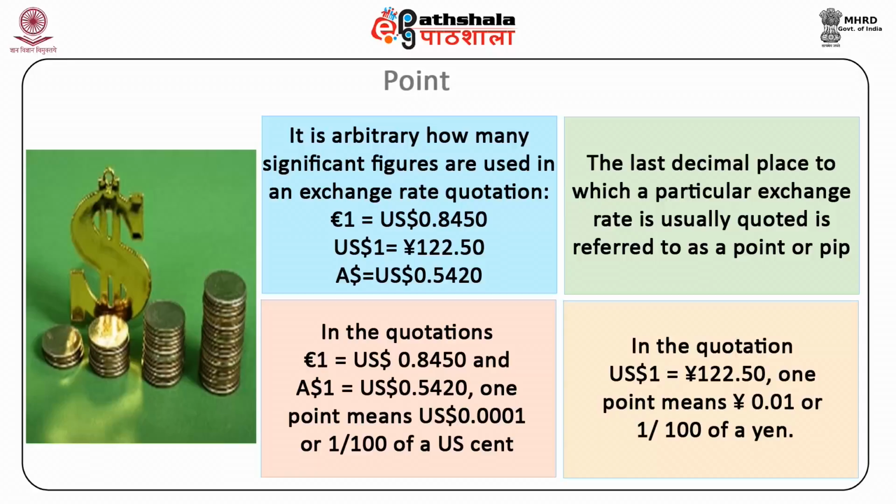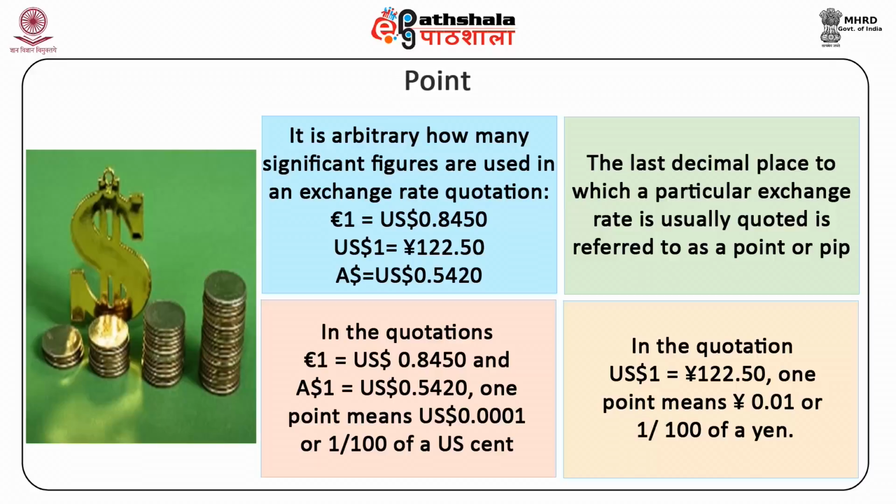In the quotation, 1 US dollar is equal to 122.50 yen, 1 point means 0.01 yen or 1 by 100 of a yen. It is worth noting that all points are not of equal value. In the above example, 0.0001 US dollar is not equal to 0.01 yen. 1 US dollar is equal to 122.50 yen.